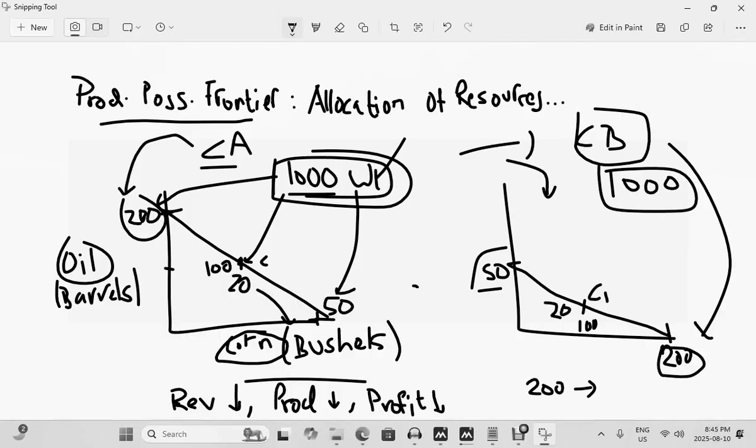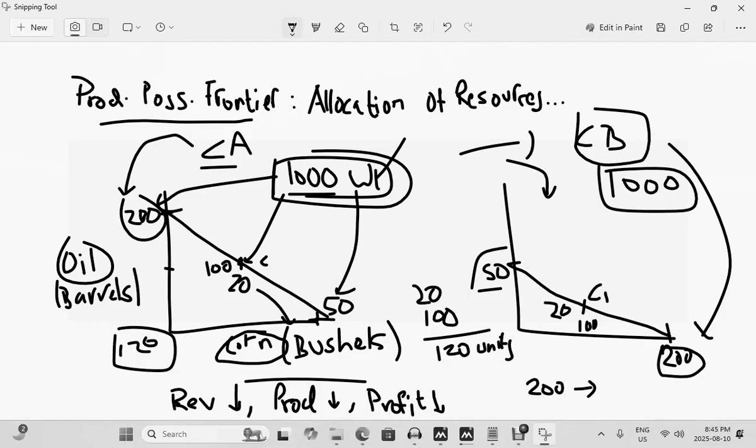So let's say 20 barrels of oil and 100 bushels of corn. So let's say the total production is 120. We're not going to put any unit values over here, just say units. So 120 units. And over here, your production is 120 also, if you decide to produce both.